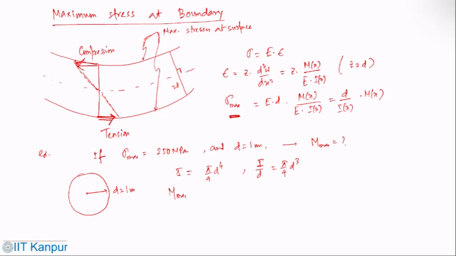M max would be sigma max times I by d. So that is 250 into pi by 4 into 1 cube. Effectively you get about 2 into 10 to the power 8 Newton meter.